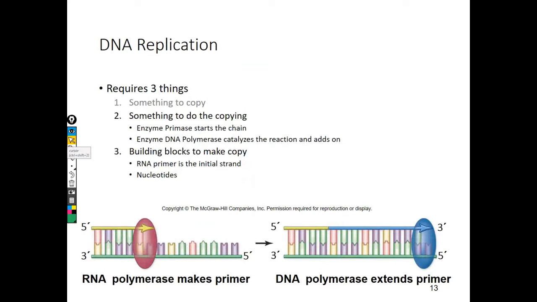All right, what else do we need? So the other two things we need work in cahoots together. Okay, we need a bunch of enzymes that are going to work together. Okay. Enzymes that are actually going to do the work. I like to think of these like construction workers on the job.